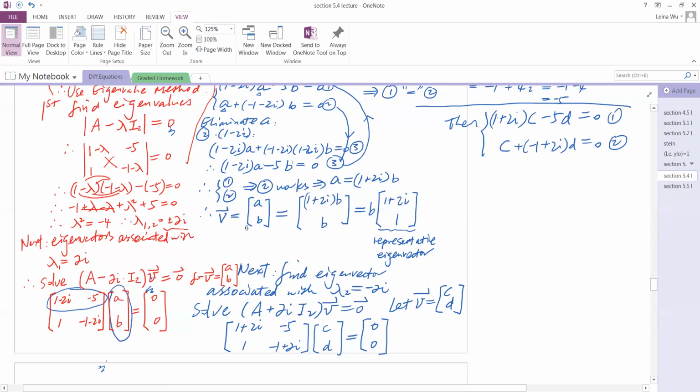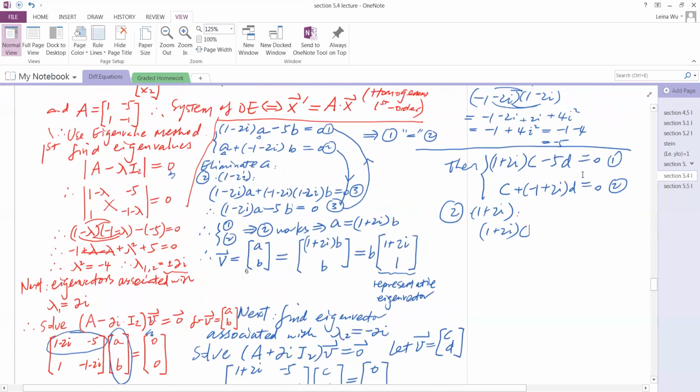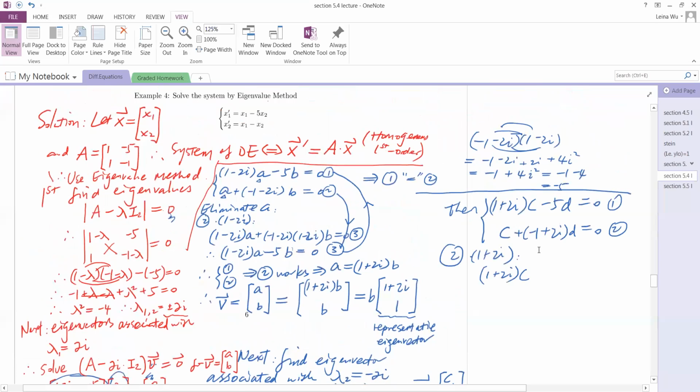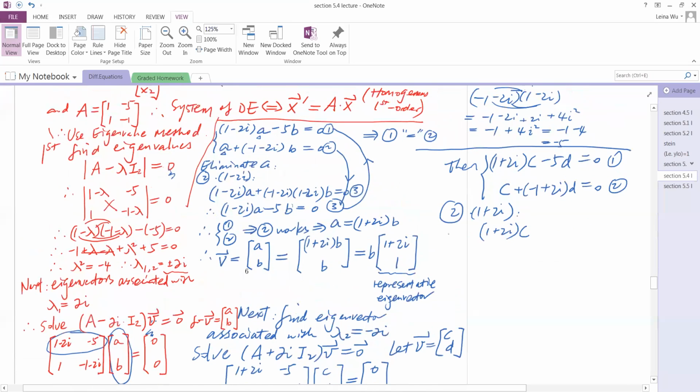Do we have a similar pattern coming up? If you do equation 2 multiplied by 1 plus 2i, it's 1 plus 2i times c, and then you get negative 1 plus 2i times 1 plus 2i, which is the same as this, which is minus 5d. So minus 5d equals 0.